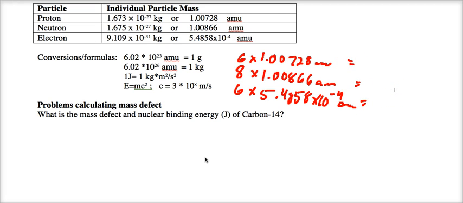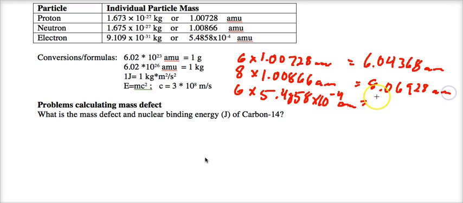And multiplying that out, you're going to get 6.04368 AMU. I get 8.06928 AMU.